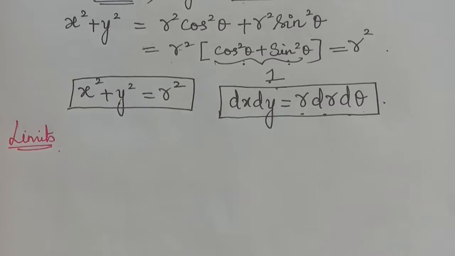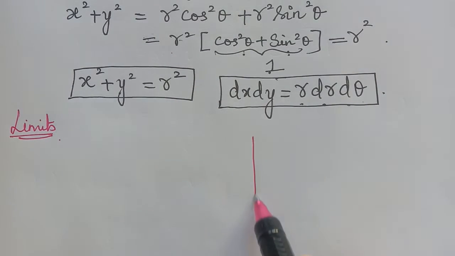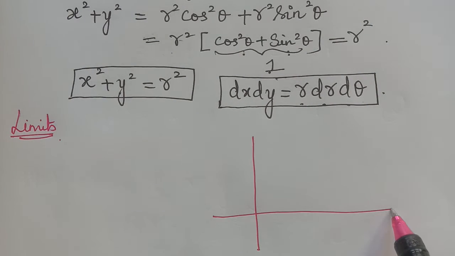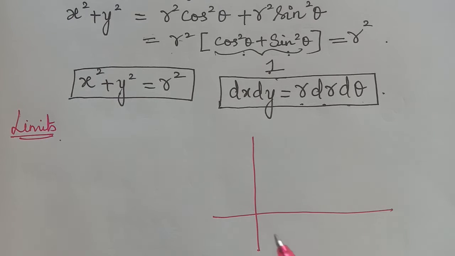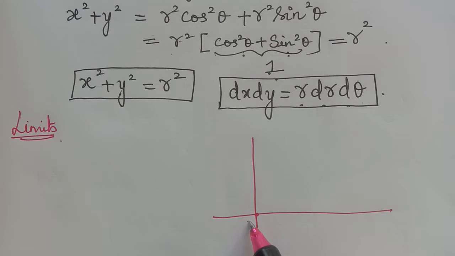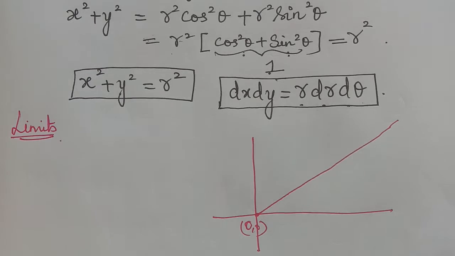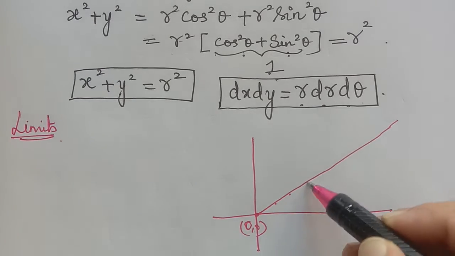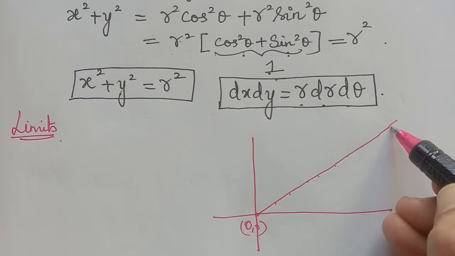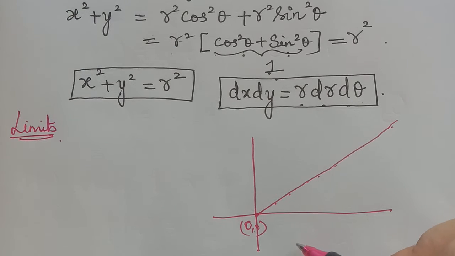Now how to find the limits for r and theta? We know that we have to consider the first quadrant, because the limits here vary from 0 to infinity. So 0 comma 0 starts here for x and y, and the curve moves, it will tend to infinity, as the values of x and y change. Now what about r over here?